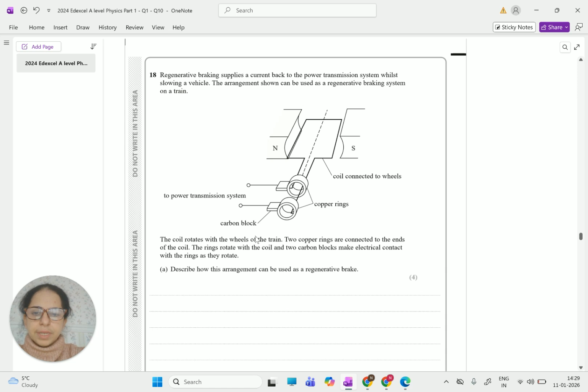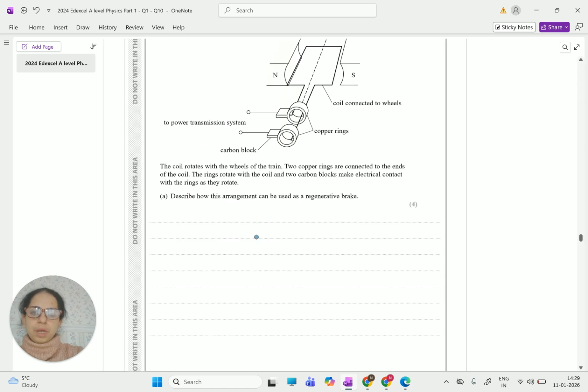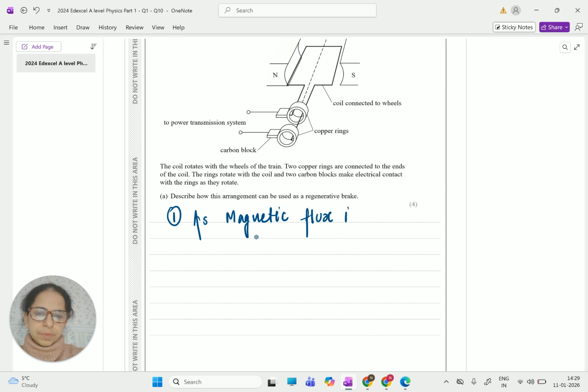Pause, play. Let's do this. How can this arrangement be used as a regenerative brake? This is basically asking how current is produced by the armature coil. Same points first. As it is moved, it is changing the magnetic flux, and you have to give the reason why the magnetic flux is changed: because of the movement of the coil.